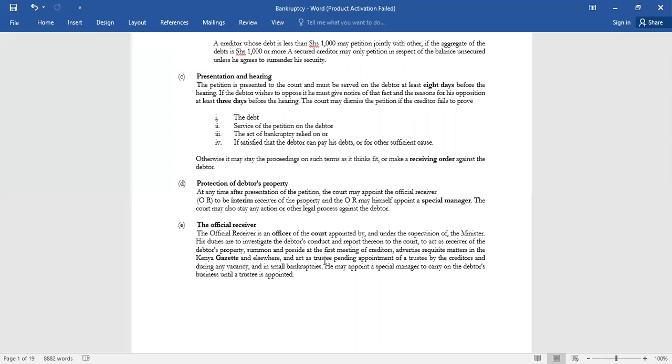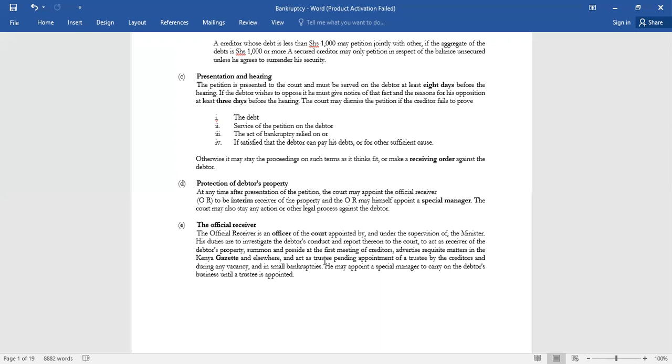Are we there? The reason why we are broadcasting this information is to make sure that no other creditor or any other person claims the property that has been tied to this particular creditor who has petitioned. Are we there?